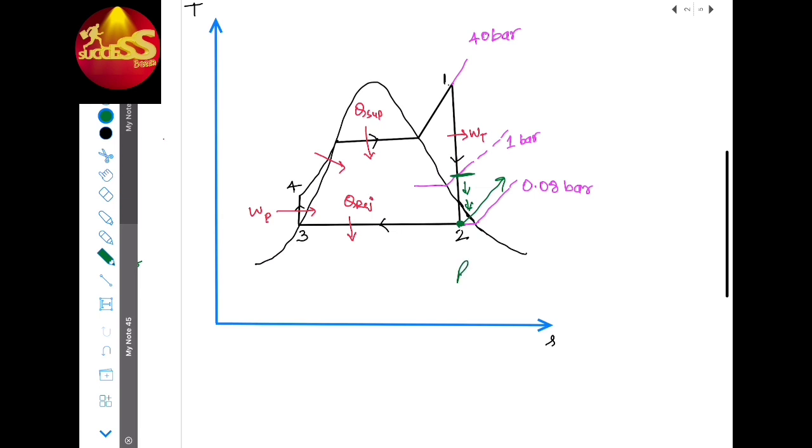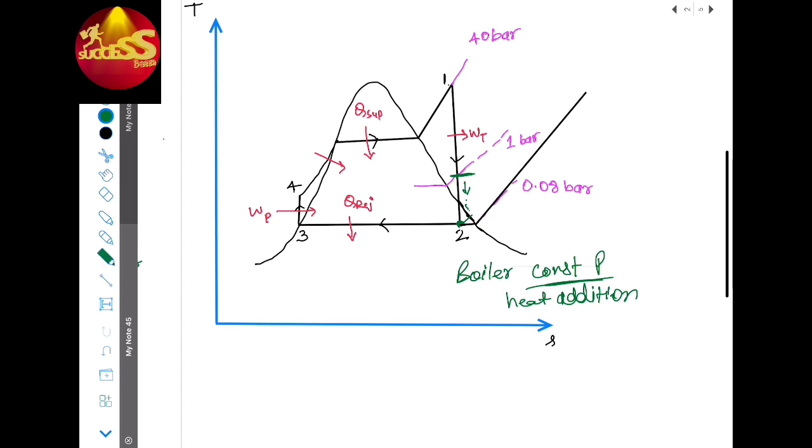You know that the boiler is a constant pressure device. Constant pressure heat addition happens in it. So what will happen after the addition of heat till here? I suppose that heat is added till here.